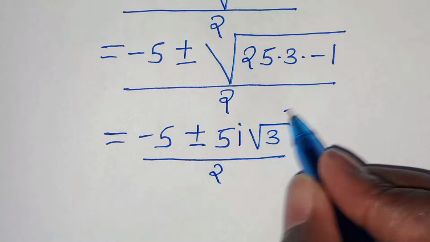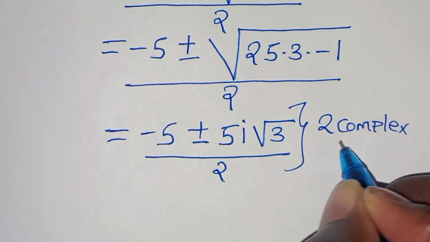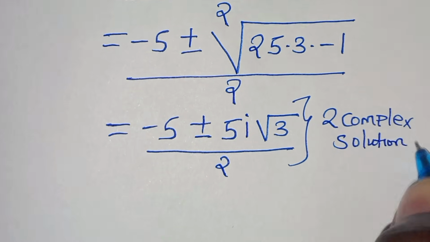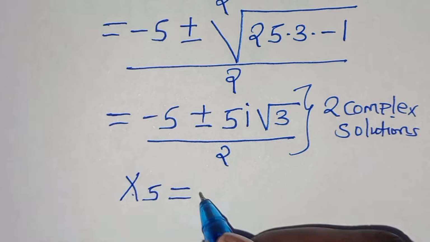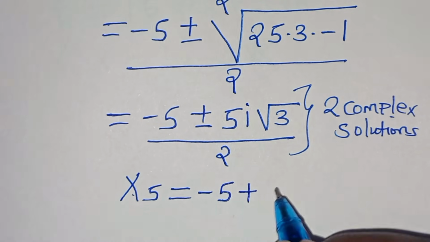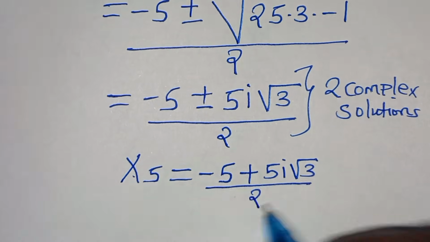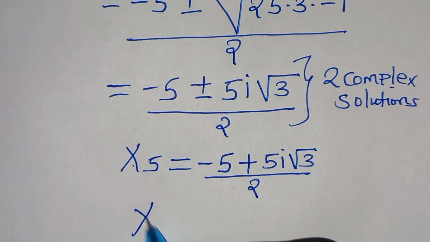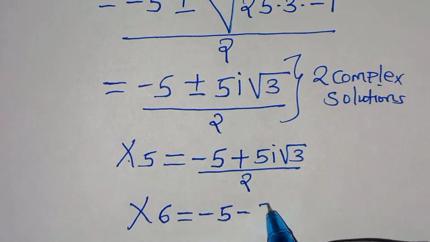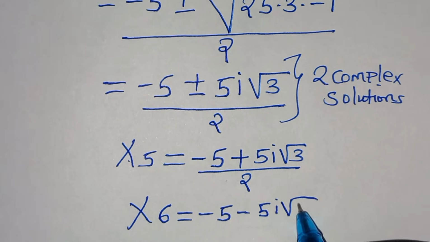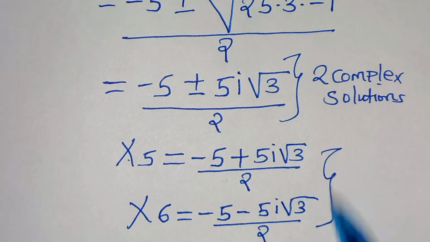So again, these are two complex solutions under case 2. So we have x5 equal to minus 5 plus 5i square root of 3 divided by 2, and x6 equal to minus 5 minus 5i square root of 3 divided by 2. These are two complex solutions.